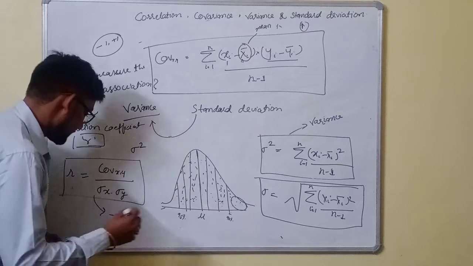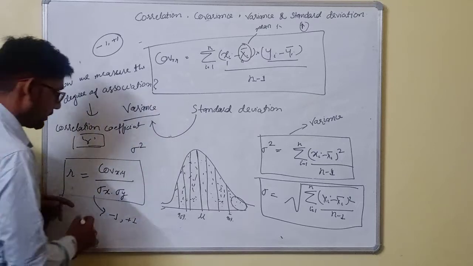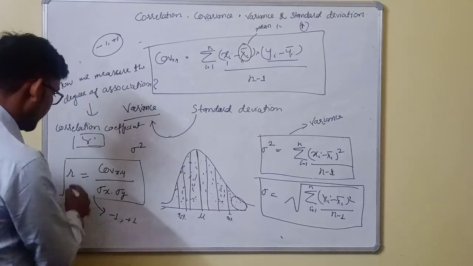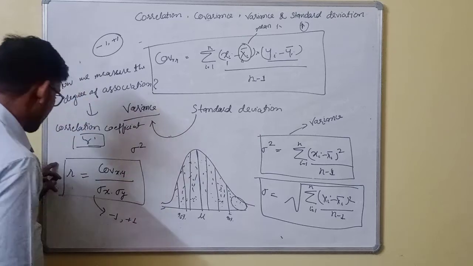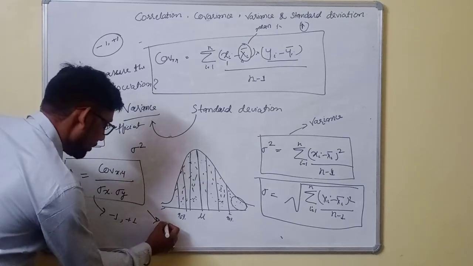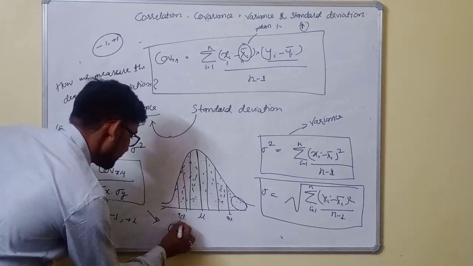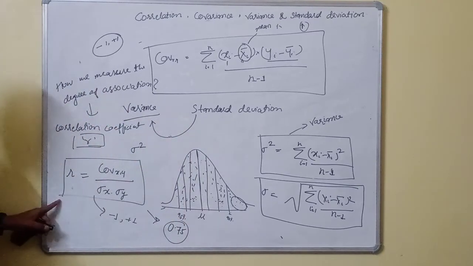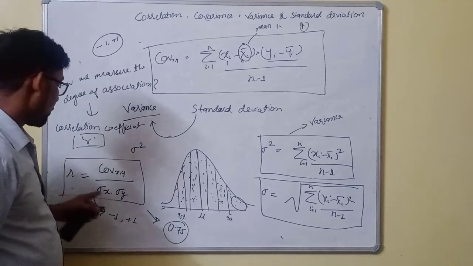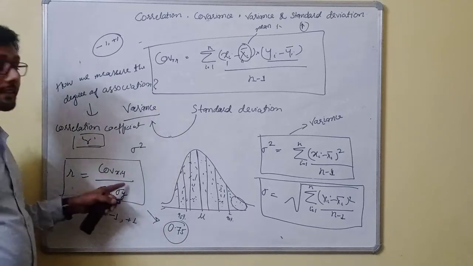So if after converting it, we get the calculated value as 0.75, it means there is a 75% positive correlation between x and y.